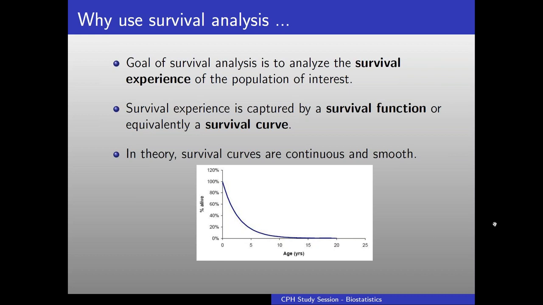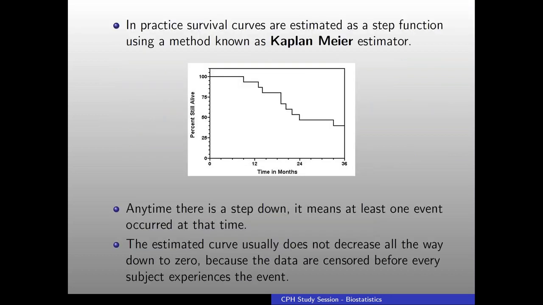That's in theory, but in practice, our estimate will look like a step curve or a step function, where we start at 100%, but every time someone dies, we go down because our proportion alive goes down, and we keep on doing that.